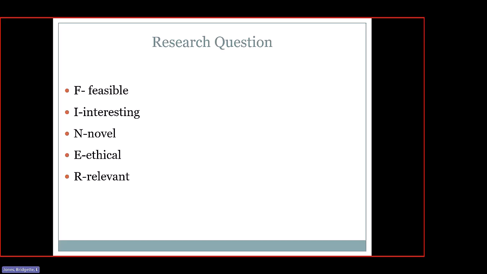Novel, so it should be a relatively new idea. Ethical, of course, we have to abide by ethical guidelines, so you want it to be something safe and ethical, and then it's relevant to either the medical practice or the science in that area.